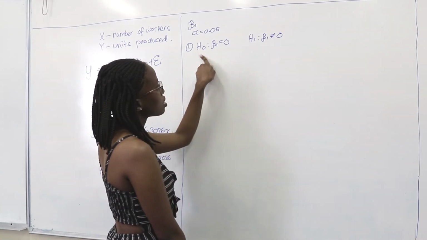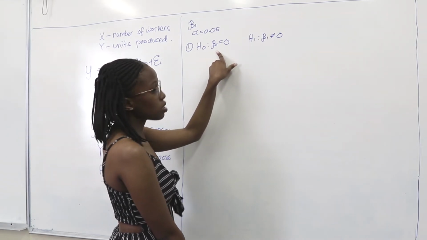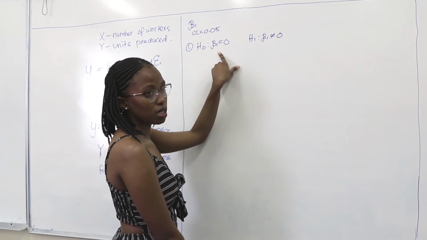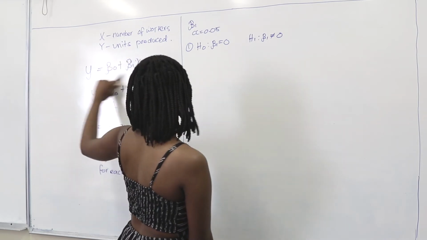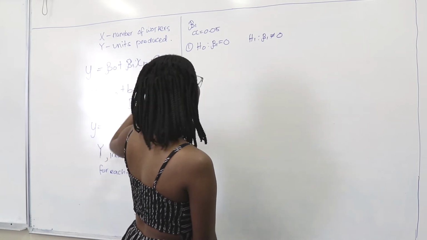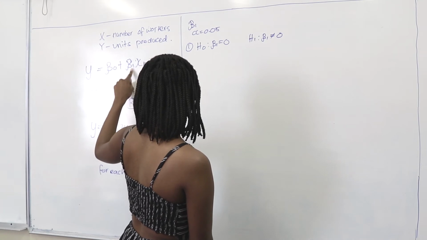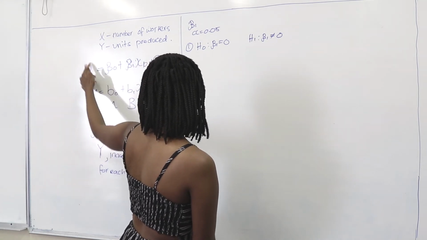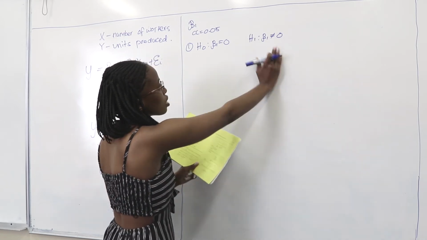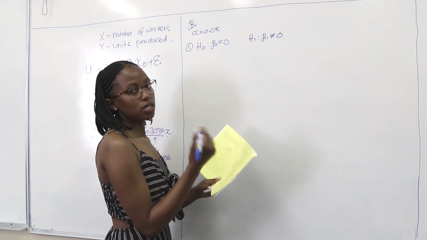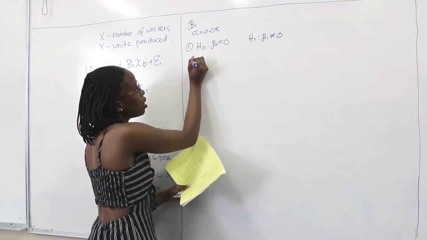Our null hypothesis states that our beta 1, which is the slope parameter, is not significant, because if it's equal to 0, then the whole equation doesn't have a relationship between x and y, because every time you punch in x you're going to get a 0 there. So when it's not equal to 0, it means that it is significant and it does have an influence on y.